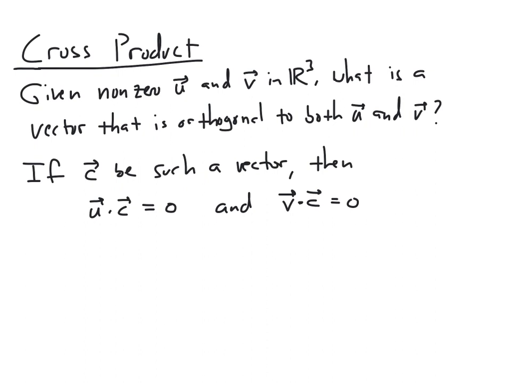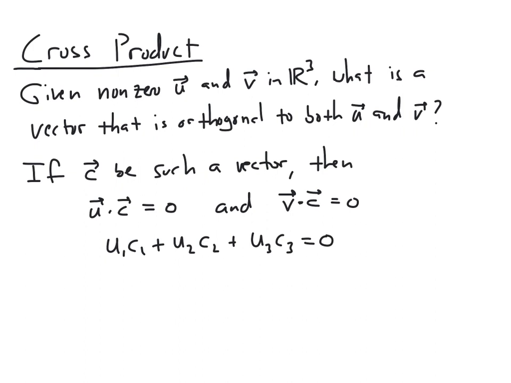Well, we can write out each of these dot products as an equation, without the vectors, by just thinking of u, v, and c in component form. I'm going to denote the components by subscripts 1, 2, and 3, like we've been doing. So u dot c is u1 c1 plus u2 c2 plus u3 c3, and we want that equal to 0.